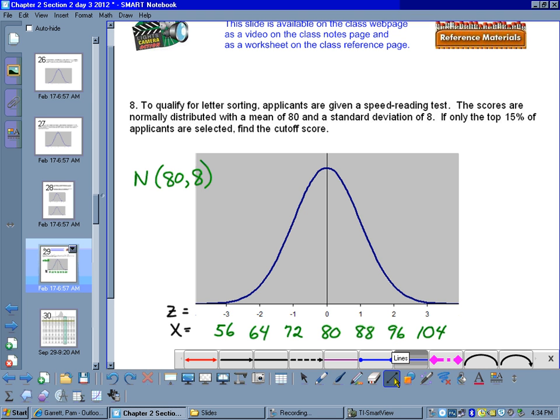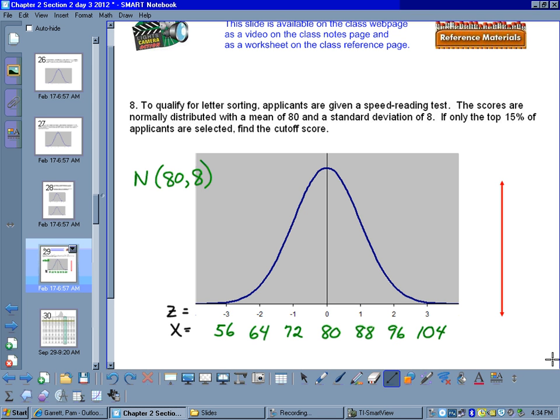So this is hopefully a quick job and an easy job for us. We know that if we start at 1 standard deviation, then over on this side of the curve is 16%. I want the top 15%, so I just want to be just inside of 1 standard deviation.